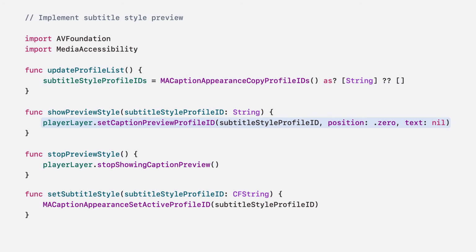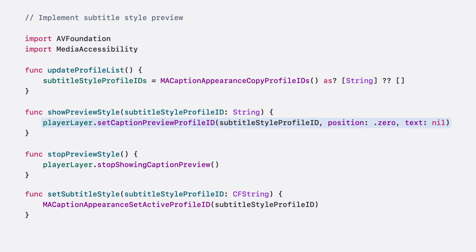New subtitles are shown using the specified style. Any existing subtitles are automatically hidden so they don't interfere with the preview. Pass nil for the text parameter. In that case, localized system text is shown. Use the position parameter to avoid any UI controls. This is an offset from the default location of the preview text.